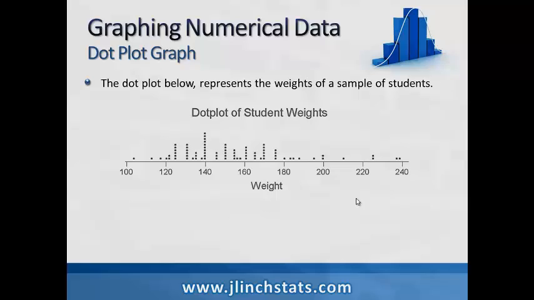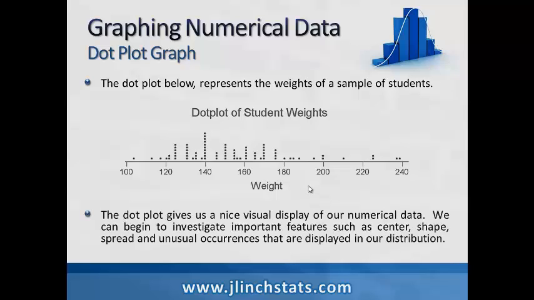So it's a very nice visual display of our numerical data that gives us some idea of perhaps the shape of the distribution, where the center of our distribution may be, perhaps what the spread of our data looks like, and perhaps if there's any unusual happenings that we find within the data set itself. So once again, dot plots are very good visual displays.